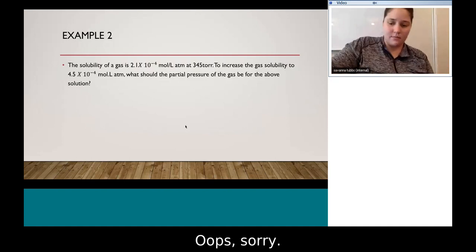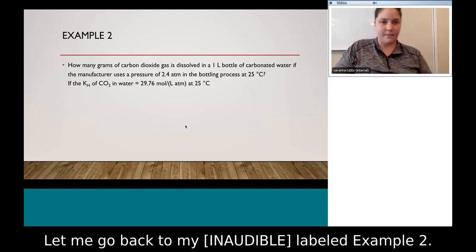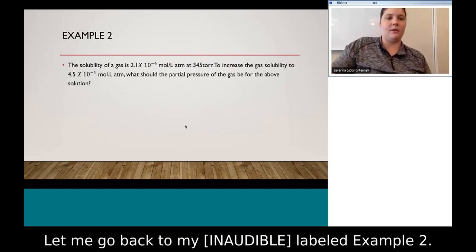Oops, sorry. Let's go back. They're actually both labeled example 2.